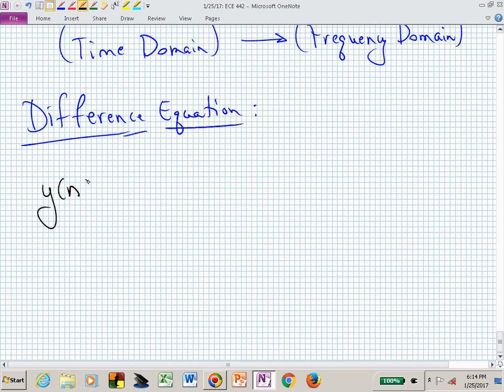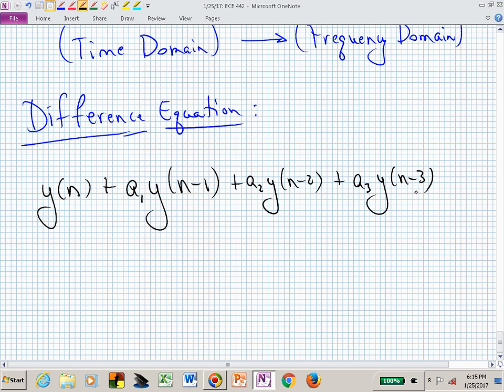Suppose that I now have y of n plus a sub 1 y of n minus 1, or 1 delay, plus a sub 2 y of n minus 2, plus a sub 3 y of n minus 3, equaling b sub 0 u of n, and u is just a generic input waveform, y is my output waveform, plus b1 u of n minus 1.